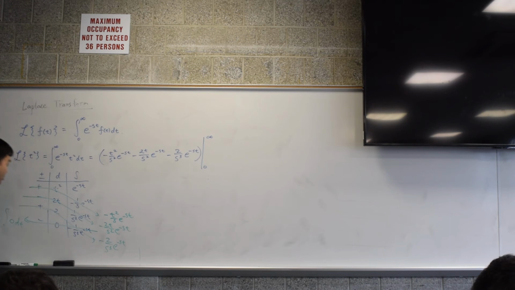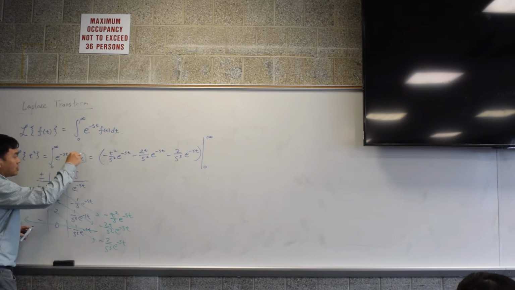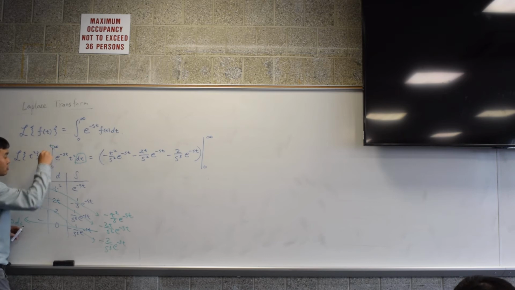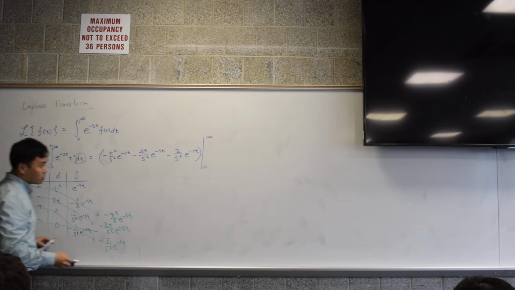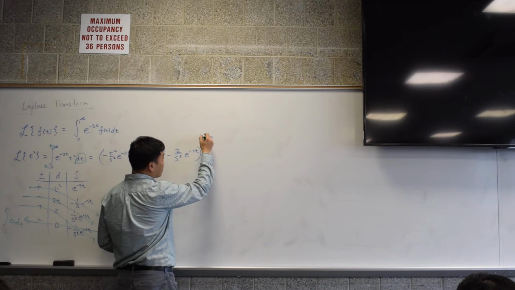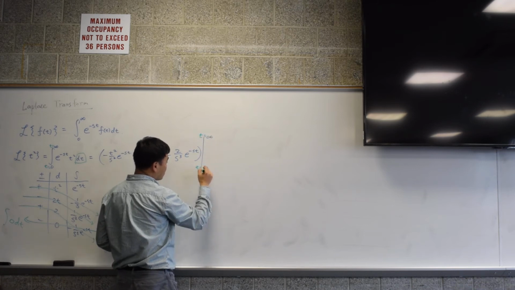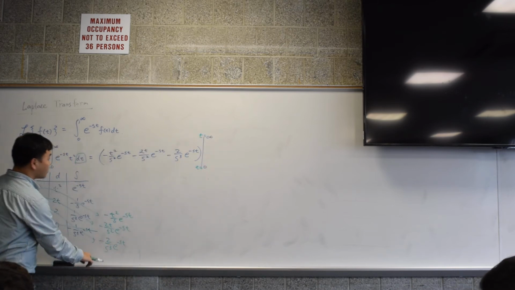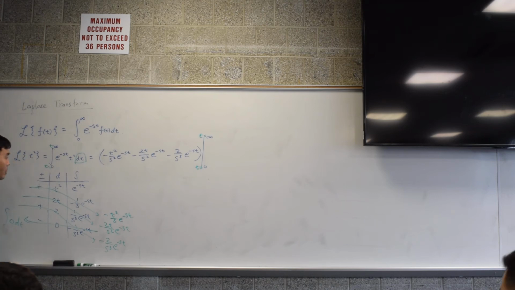Now, one thing that you have to be careful about is, because this is an integral with respect to dt, these values are values for t. So you're not supposed to plug these into s, you're supposed to plug into t.